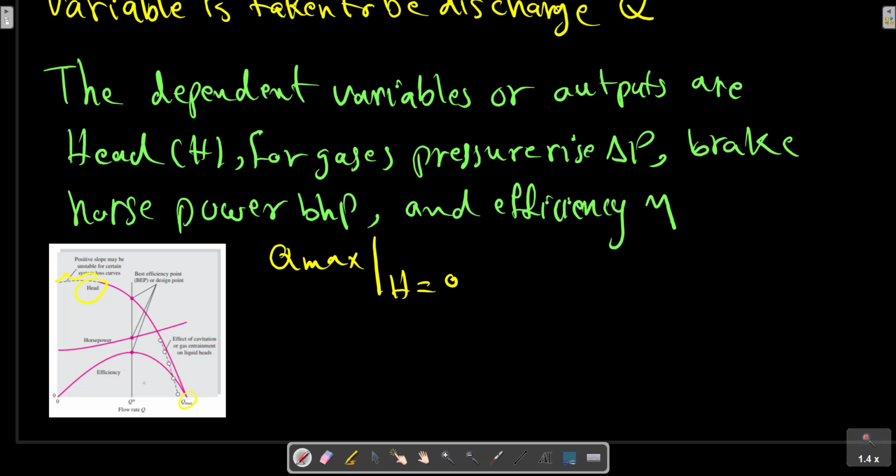The efficiency eta is always 0 at no flow and at Qmax, and it reaches a maximum of perhaps 80 to 90% at about 6/10 of Qmax, this point. So we have eta max at Q equals 6/10 of Qmax.